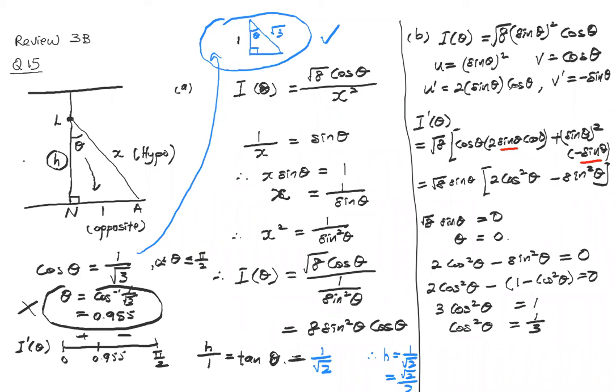Yeah, so just now I make a very great mistake. Opposite is 1, hypotenuse is root 3. So here is root 2. So opposite should be root 2. Please do the correction. So here will be wrong already. So tangent theta will be root 2 over 1. So the height is root 2.